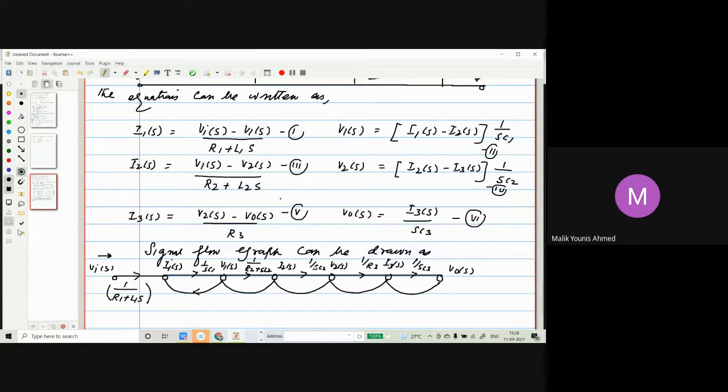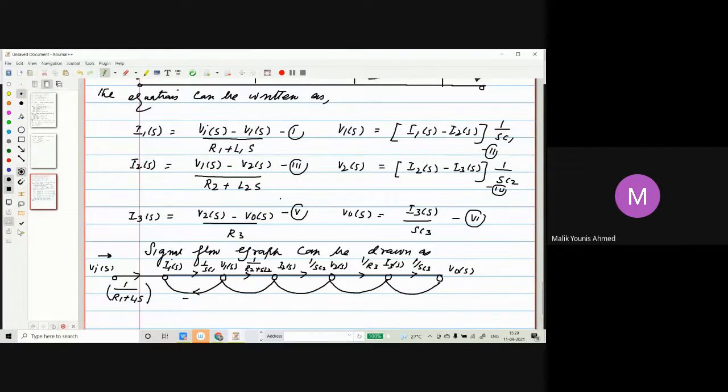Now see, suppose we are talking about a current I1. I1 is basically Vi of S minus V1 of S divided by R1 plus L1 of S. But here in this case, we need to nullify this, because if we are taking output by input, we need to nullify this in the feedback.